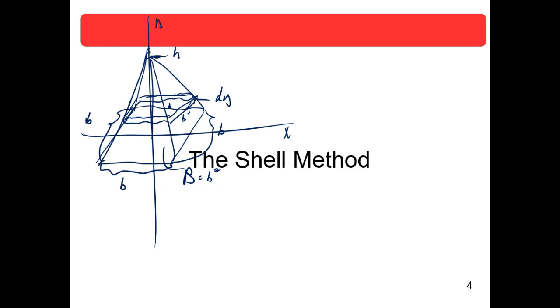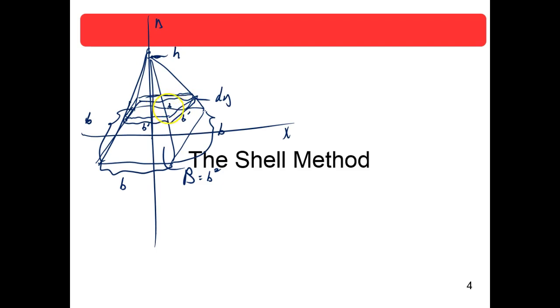Now, the total height is h. We need to know the area of this base here, b prime by b prime. That base here, which I don't think they call capital B prime, so I won't even confuse the issue about that.